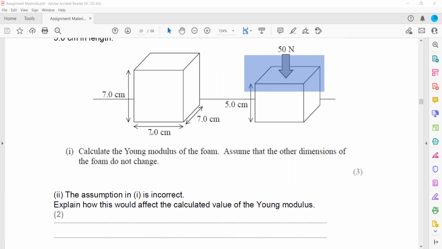And we have the formula that the Young's modulus is stress divided by strain. How will the stress change? Force is constant, area is increasing. If area increases, the stress will decrease. And as the stress decreases, the Young's modulus will also decrease. So it won't be accurate.